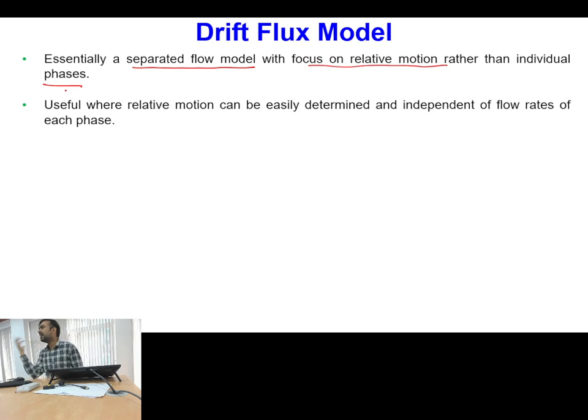That type of initial idea you can get by just knowing the relative motion between the two phases. For that purpose, the drift flux model is used. Its major applications are where relative motion can be easily determined, and this relative motion is not much dependent upon the individual flow rates of the fluids.